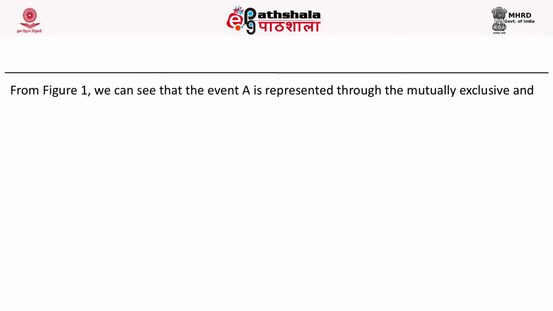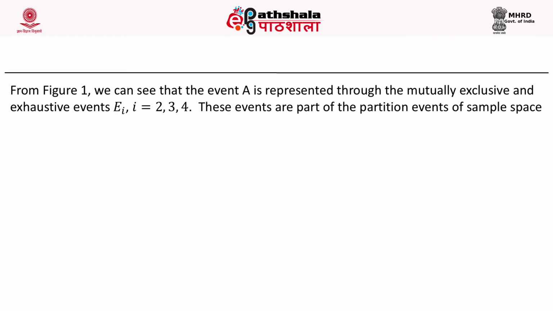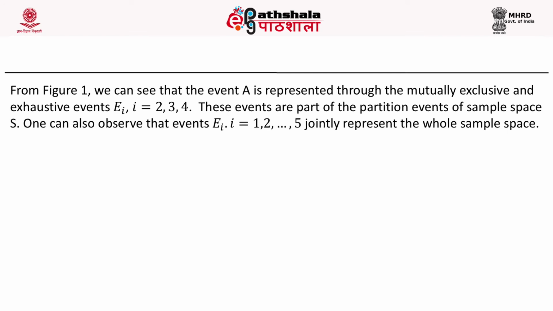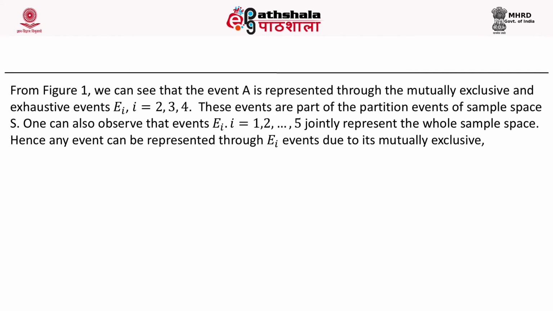From figure 1 we can see that event A is represented through the mutually exclusive and exhaustive events Ei. These events are part of the partition events of sample space capital S. One can also observe that events Ei, where i varies from 1 to 4, jointly represent the whole sample space. Hence any event can be represented through Ei events due to its mutually exclusive and exhaustive property as well as non-negativity property.